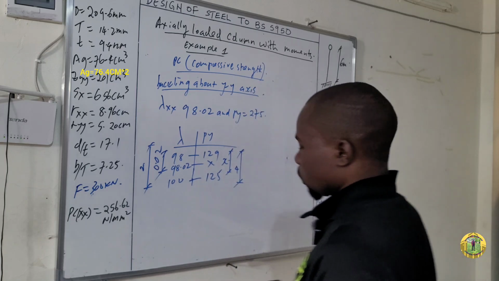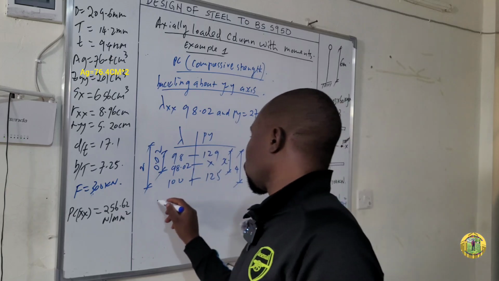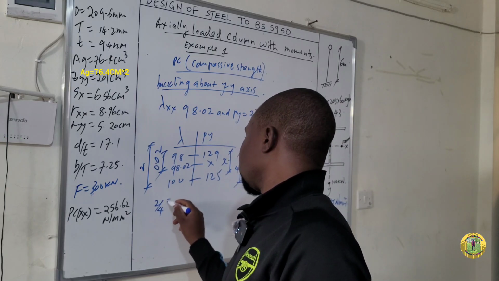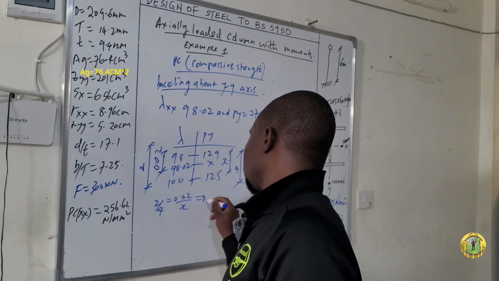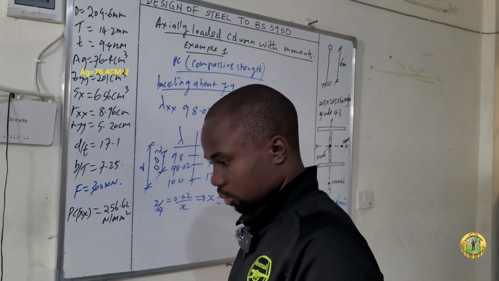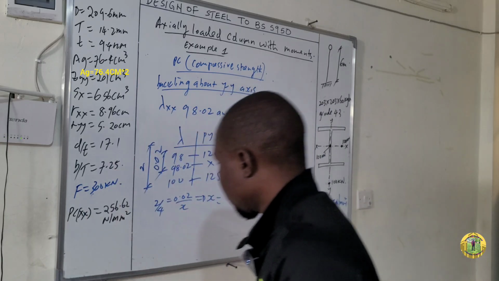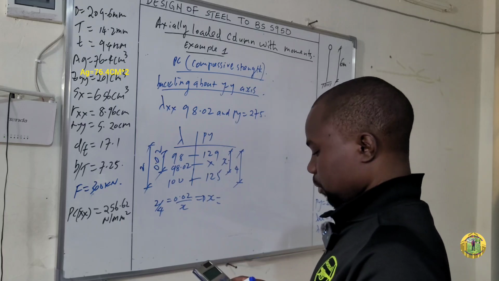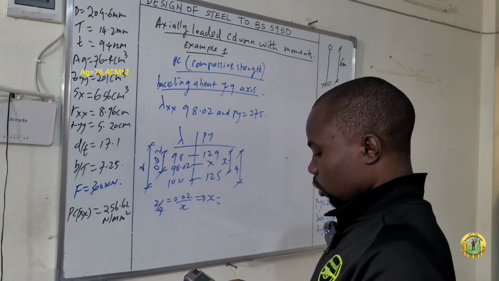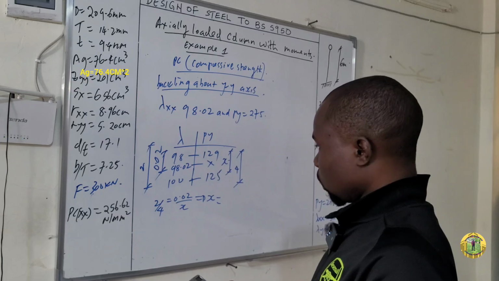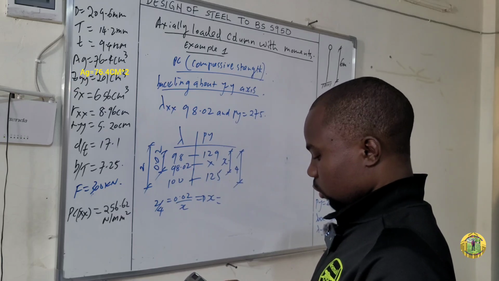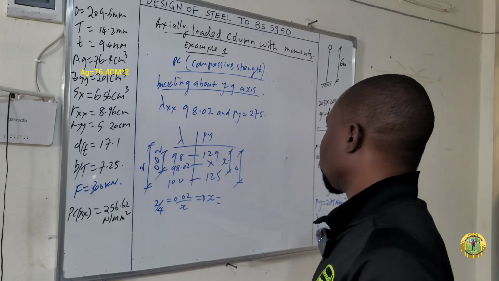Let's say that is X. So 2 over 4 is equal to 0.02 over X, which implies X is equal to, you cross multiply, 4 times 0.02, then divided by 2. So this is 0.04.